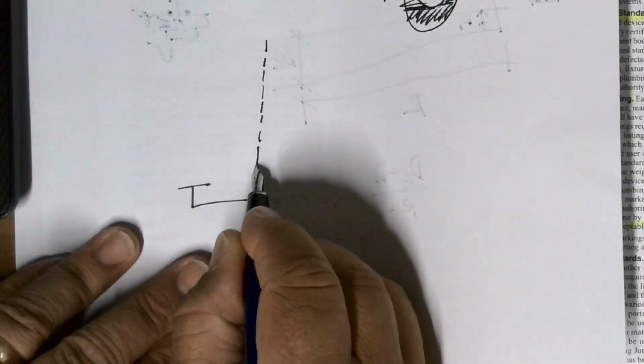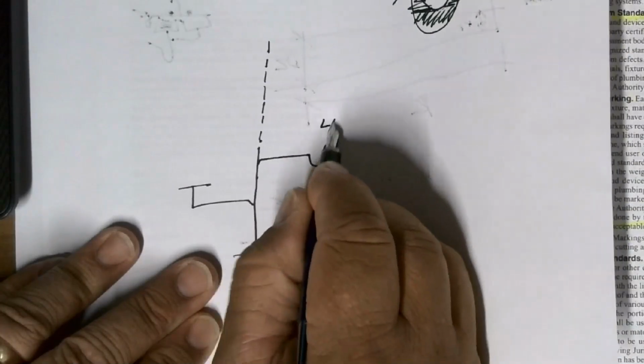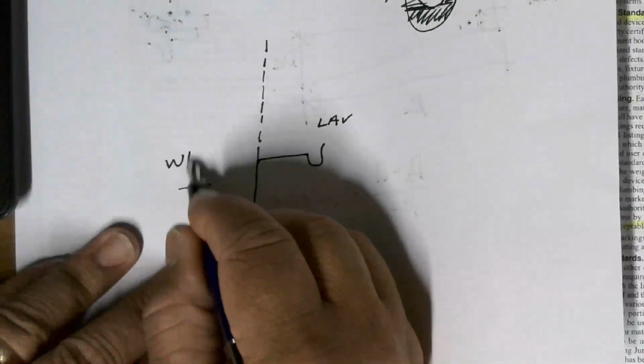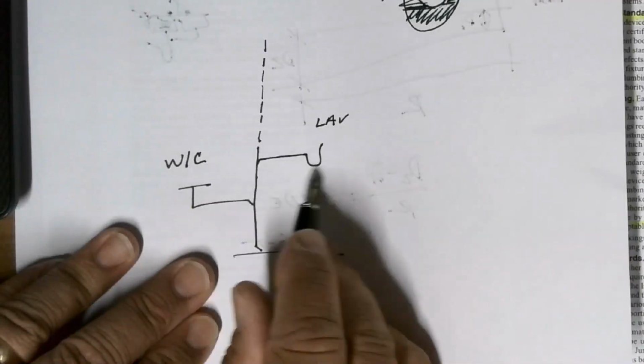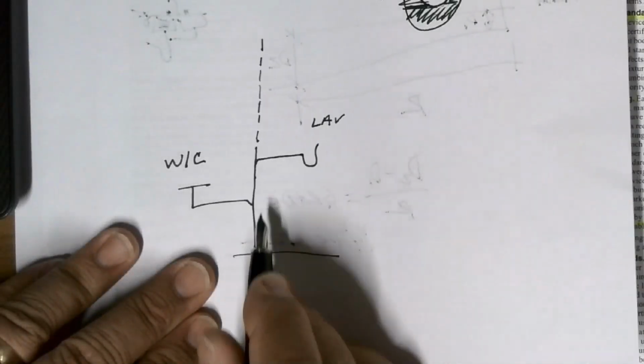What is typically next to a water closet? A lav, right? So you can actually tap into the vent of your lav, run your waste over this way and drop down.